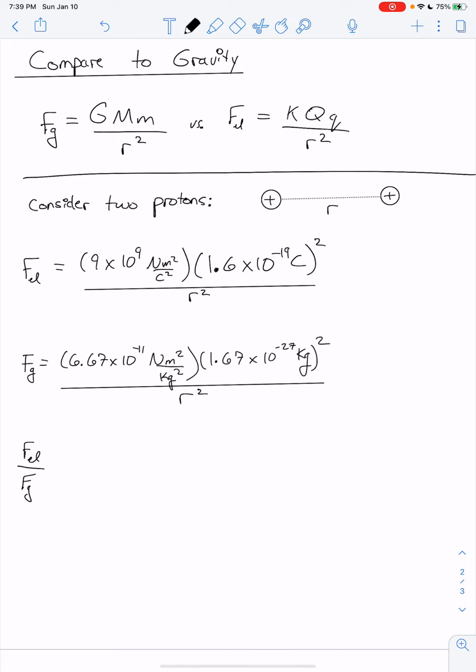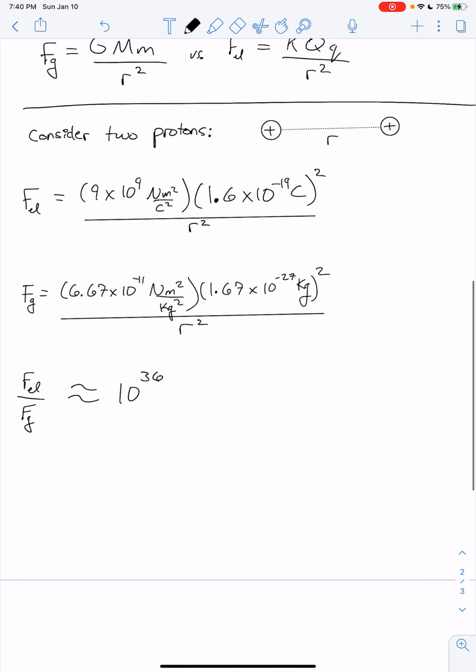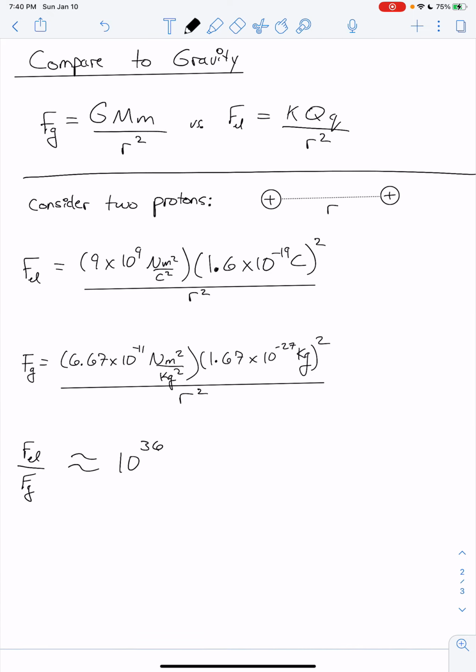So the ratio between the electric force and the force of gravity is going to end up being around 10 to the 36. That's a huge number. What does that mean? Well, it means something very important for the way everything works: that the electric force is around 10 to the 36 times as powerful as the force of gravity. That's enormous.